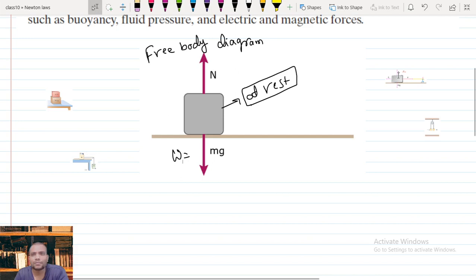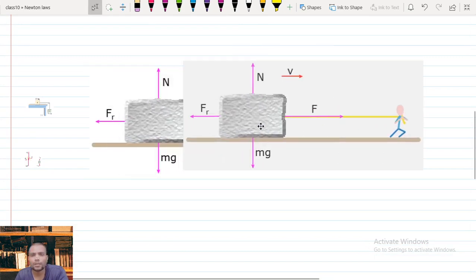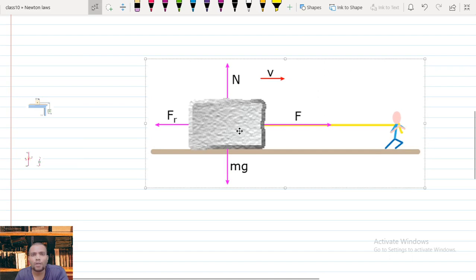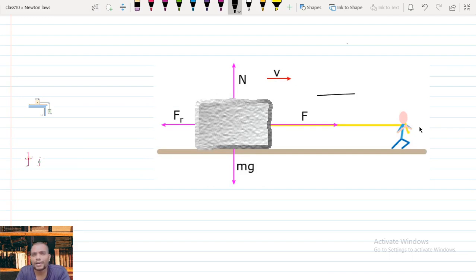Let me take one complicated situation. Suppose this is the situation: a block of mass m which is moving towards the right direction. The object is moving by applying a force.